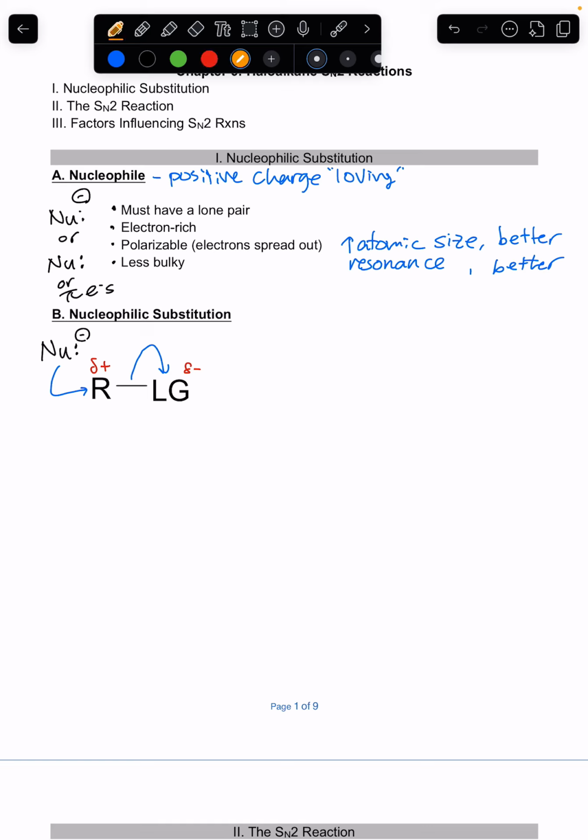So this LG stands for leaving group. It's called a leaving group because, well, it leaves. And the R is the electrophilic substrate. It shouldn't be surprising that the nucleophile wants to react with an electrophile.